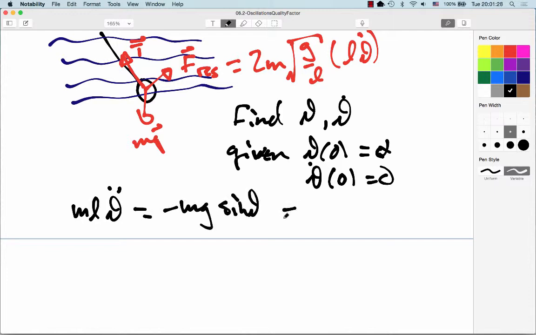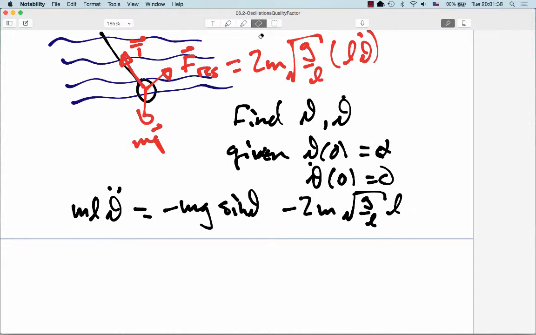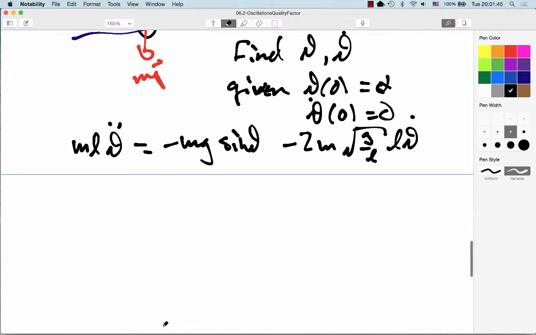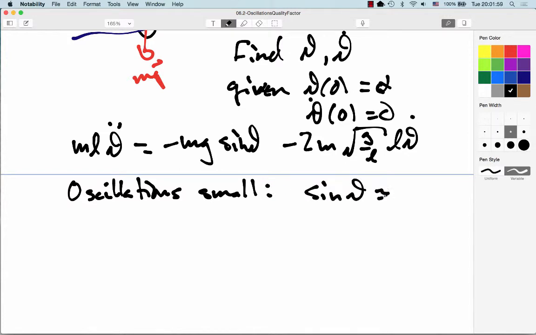Then our resistive force will be minus 2m root g over L times L theta dot. As before, we will pinky swear that our oscillations are small, so that we can avoid incomplete elliptic integrals. So we'll make sine theta approximately theta itself.